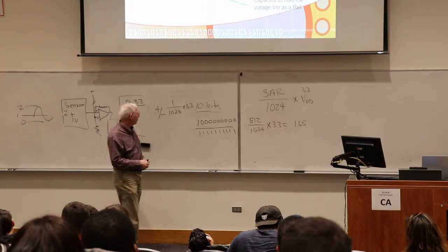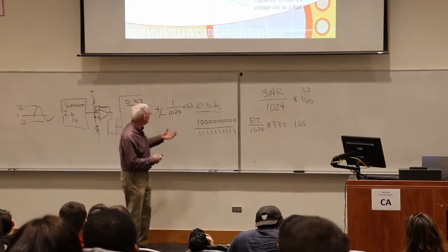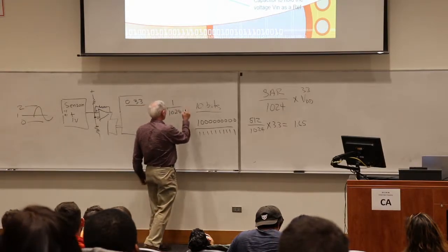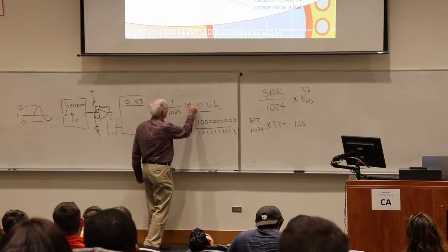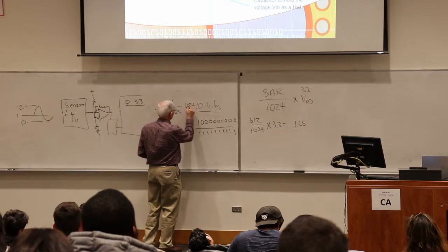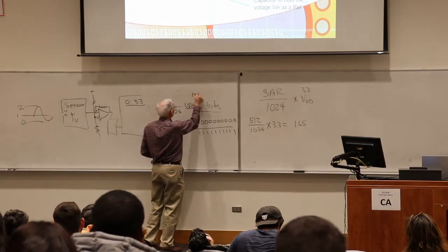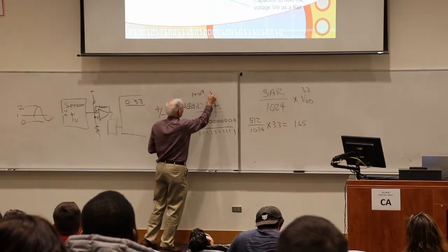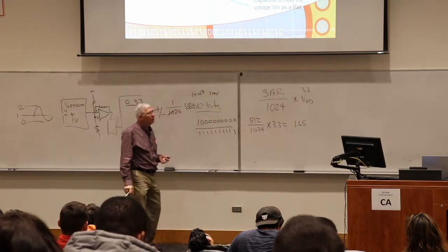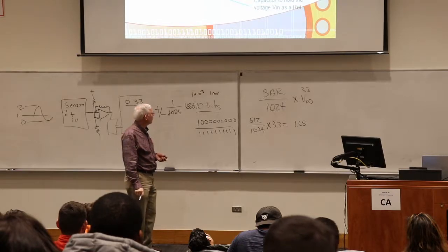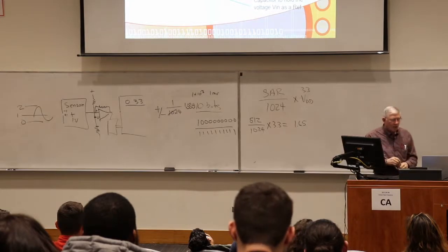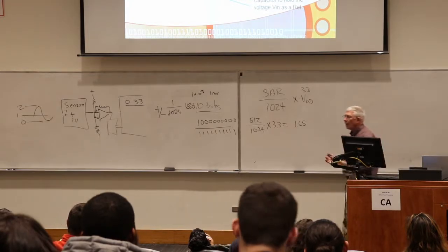So these effectively cancel, and it's 10 to the minus 3, or 1 millivolt. Right? Yeah, I think that's right. 1 millivolt or a microvolt, I forget. But anyway, it comes out nice and evenly.